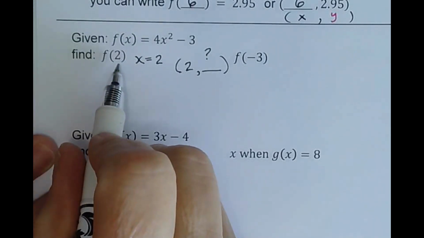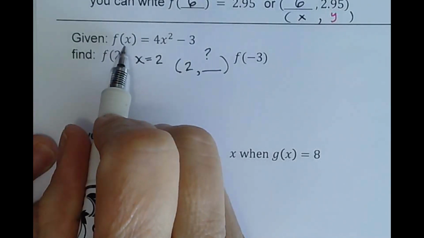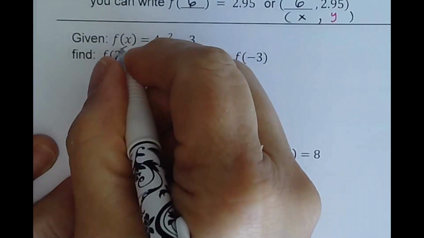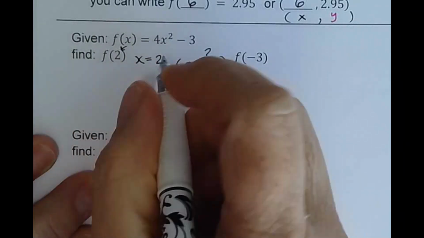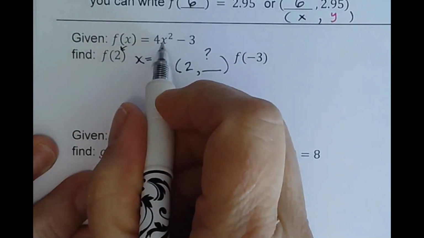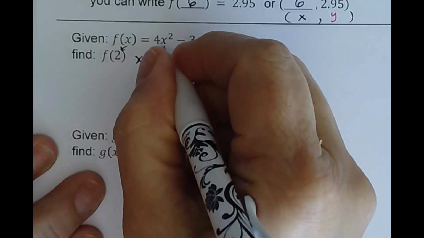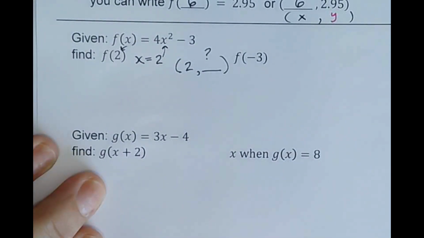So the way I do a calculation is, see, here is x, here is 2. I'm defining x as 2. So everywhere that I see x, I'll take the x out, and I'll put a 2 instead. So I'll put a 2 here.